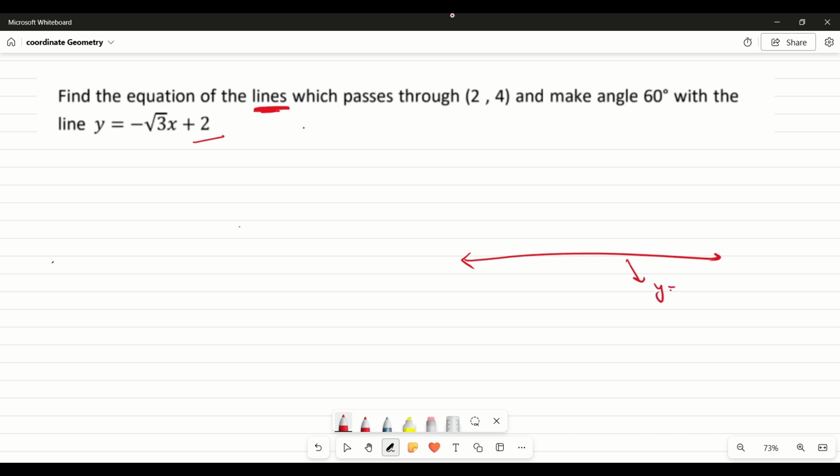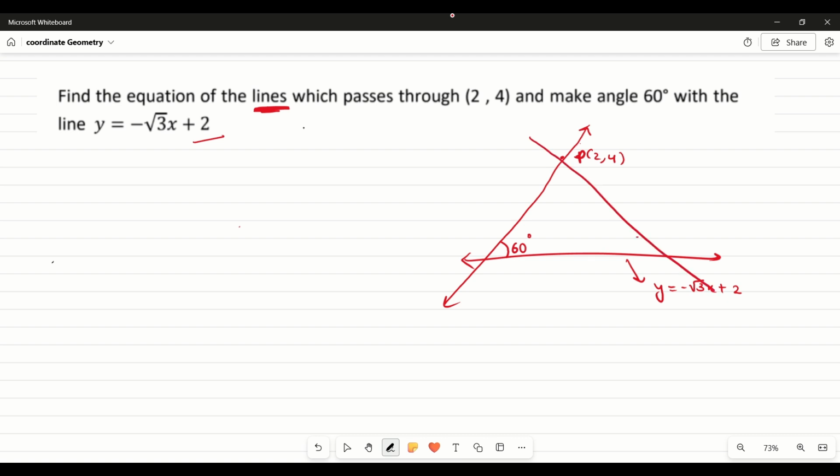Let's suppose this is the line, and the equation of this line is y equals minus root 3 x plus 2. Both of the lines pass through this point, let's name this P, which is (2, 4). This one passes through the point and makes an angle of 60 degrees, right?